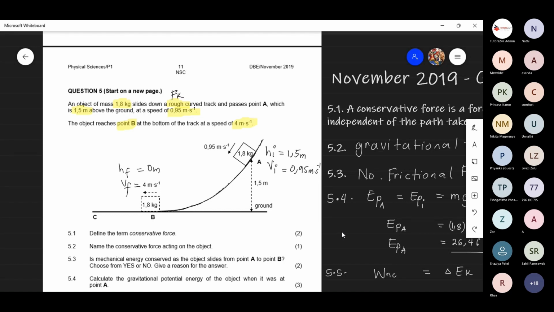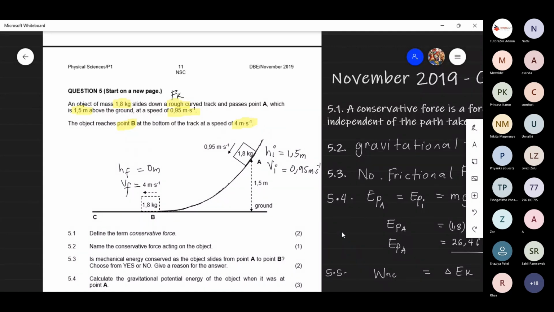So we now have applied force. Well, technically, we actually do not have applied force, because they stated slides down. They didn't say it's pushed down. They didn't say a force is applied to it. Because they made use of the words slides down, we know that there is no applied force in this particular example.